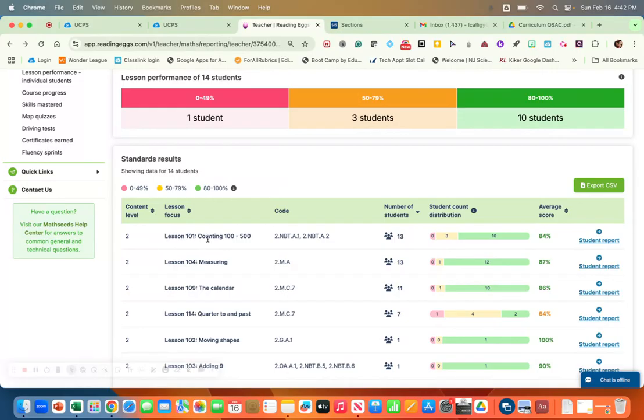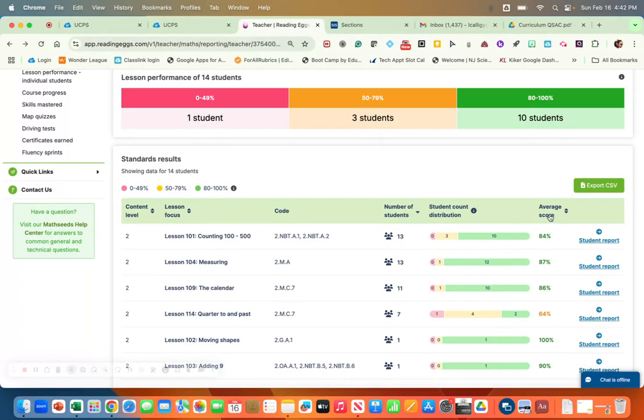This lesson here is 101. And then the standard related to that lesson, how many students took that lesson and took the lesson quiz, and their score. So it looks like out of 13, 10 passed, 3 scored between 50 and 79, and to see again who those are, you click on student report.